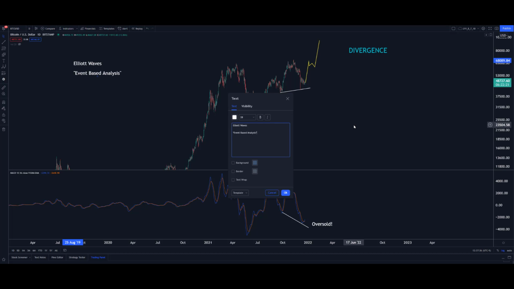Someone says, no, it's not done yet. Another one says it already finished. Well, how do you work with that? The event-based analysis tells me when a particular wave has completed. And that has been extremely advantageous to be able to more accurately project and count Elliott waves.